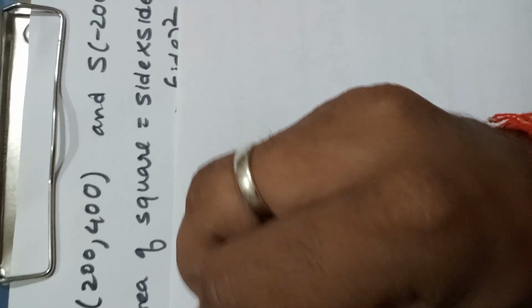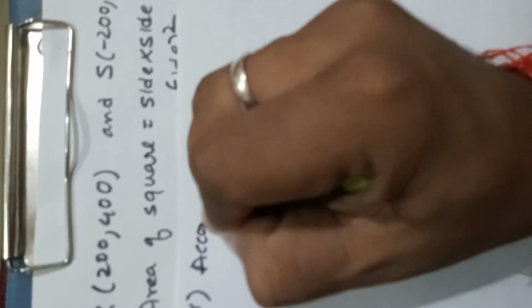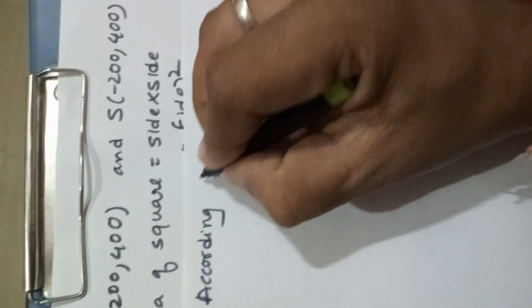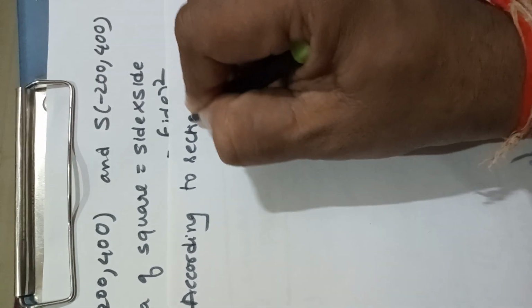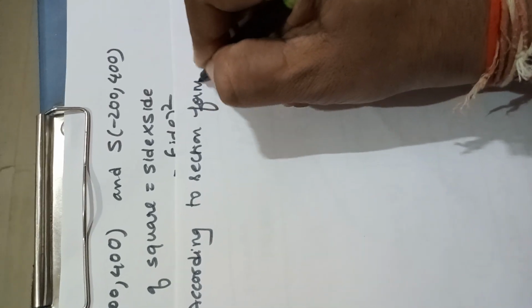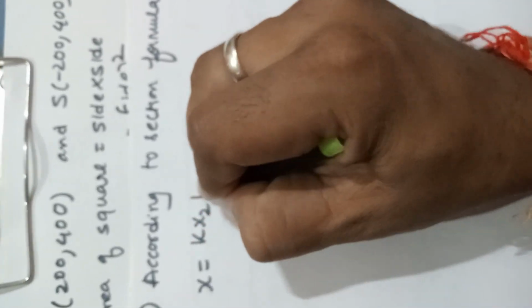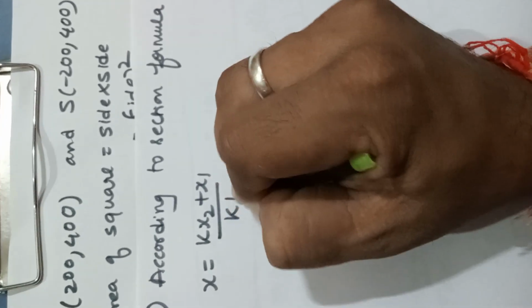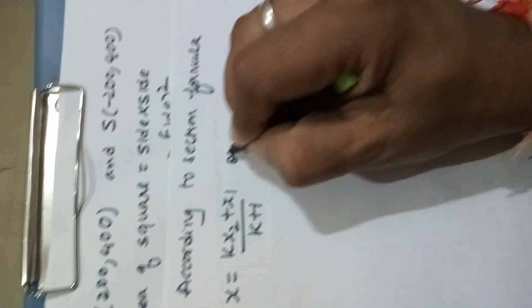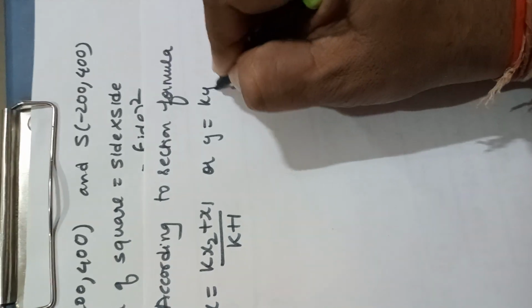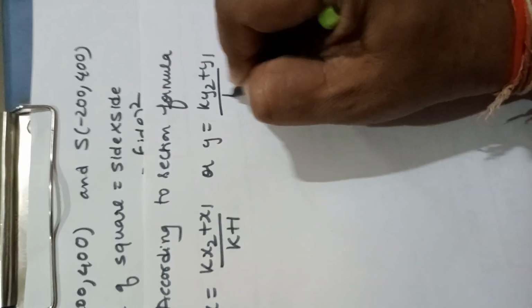So what does section formula say? We are answering the third sub question. According to section formula, x is equal to kx2 plus x1 by k plus 1, or y is equal to ky2 plus y1 by k plus 1.